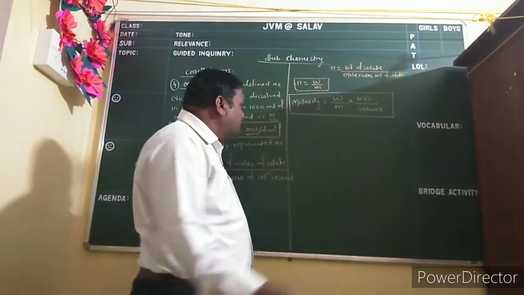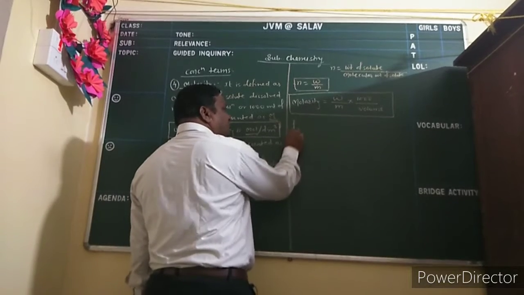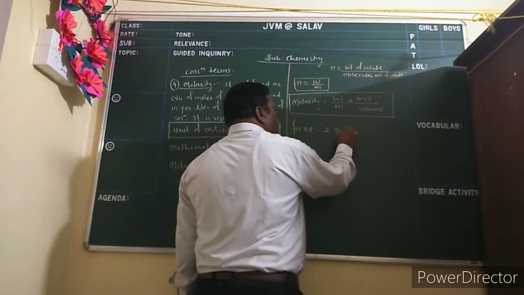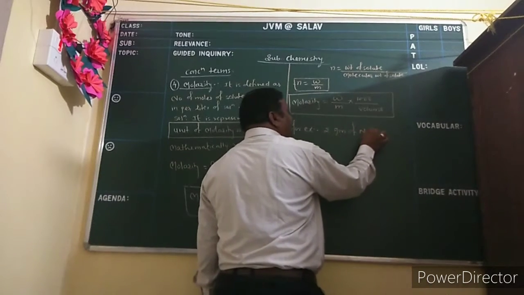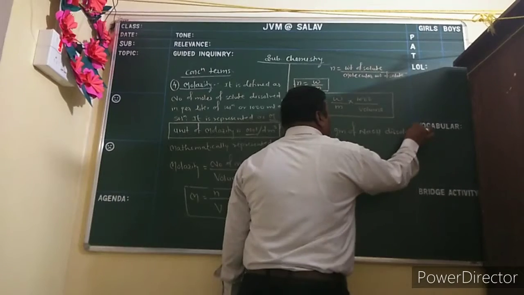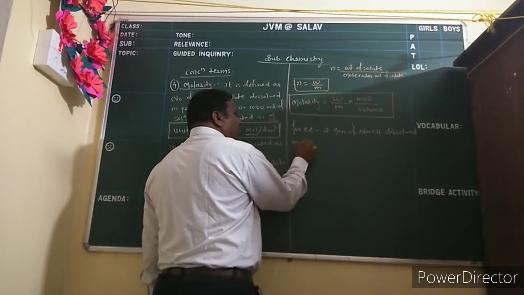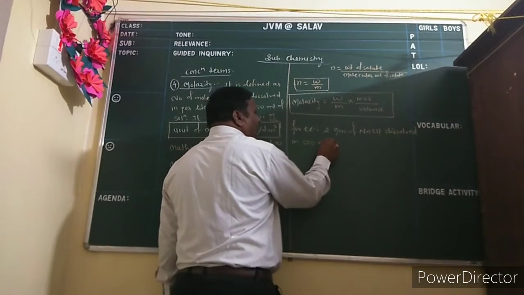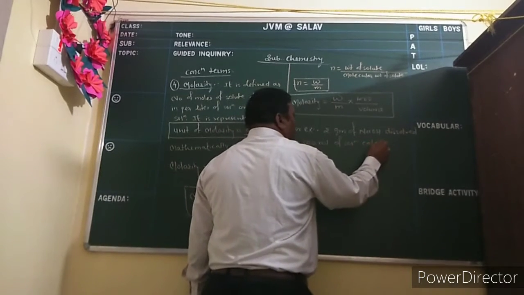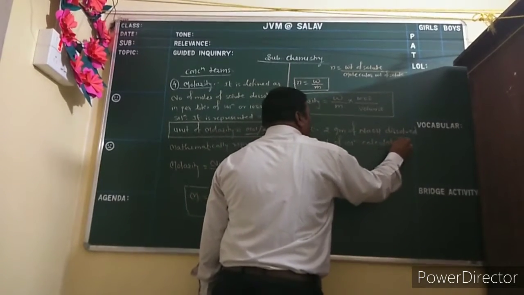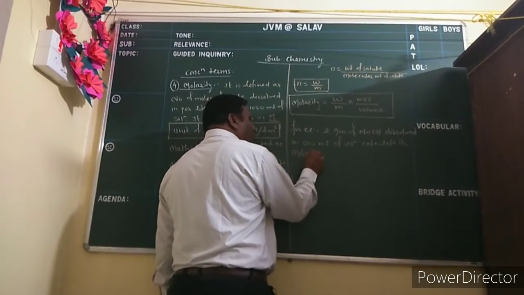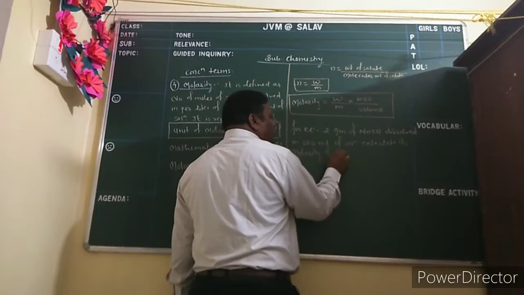Is it clear? Just for example, here we say that 2 gram of NaOH is dissolved in 500 ml of solution. Calculate the molarity of the solution.